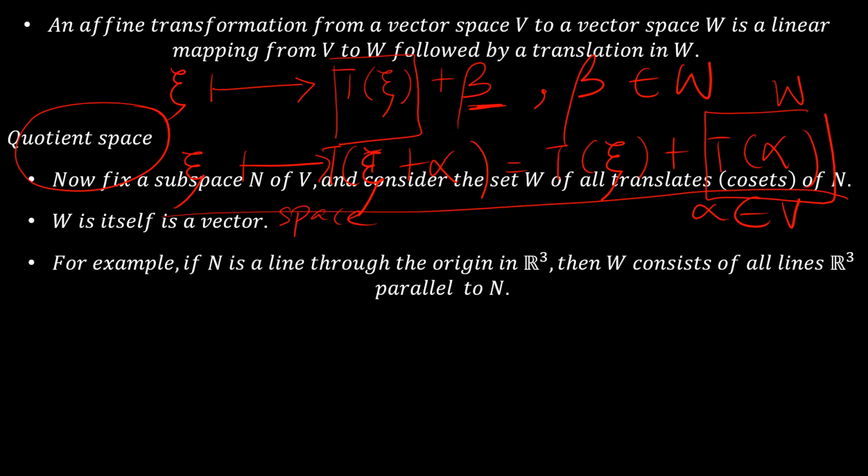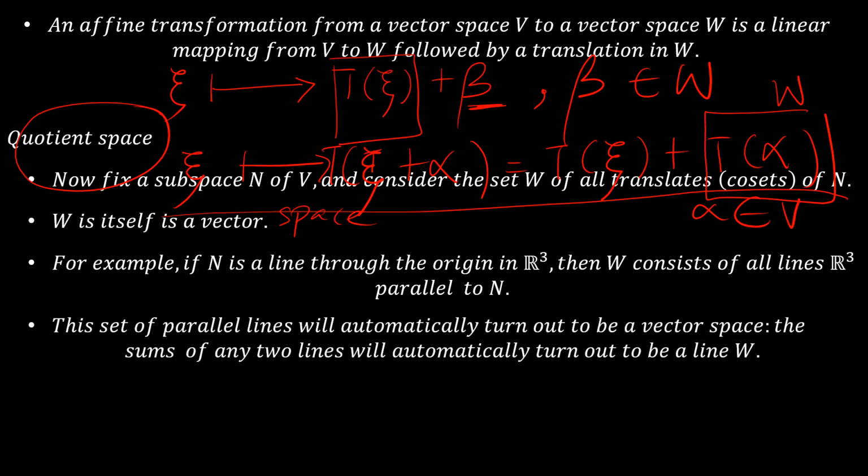So you can imagine if you have this one line through the origin, and so you have these lines in all directions created by the shifts that has been brought about by adding a vector. Then this set of parallel lines will automatically turn out to be a vector space.